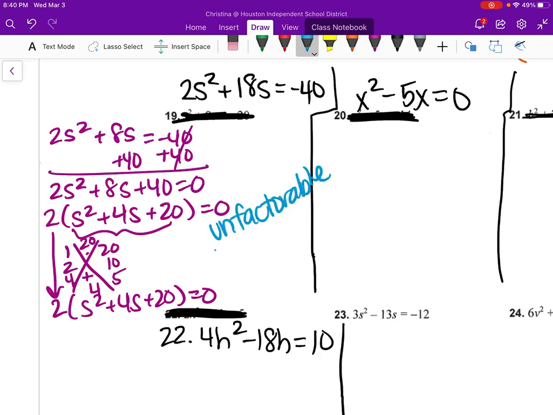I'll reiterate, just because this is unfactorable doesn't mean that it doesn't have a solution. What I might do on our next section of notes is solve this to show you guys if it does have a solution or not. For right now, though, we're going to assume that it doesn't. All right, let's go ahead and look at question 20.